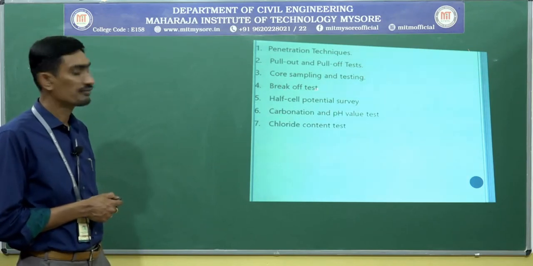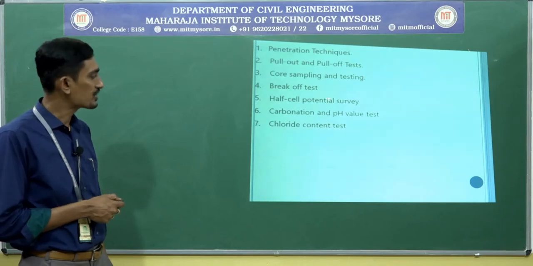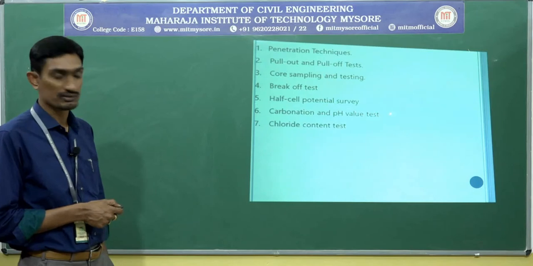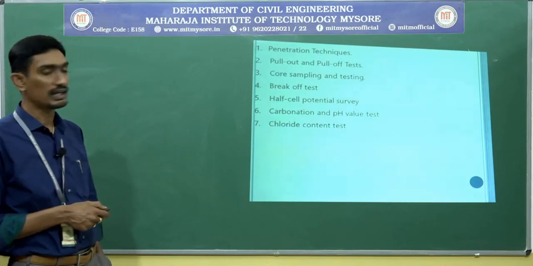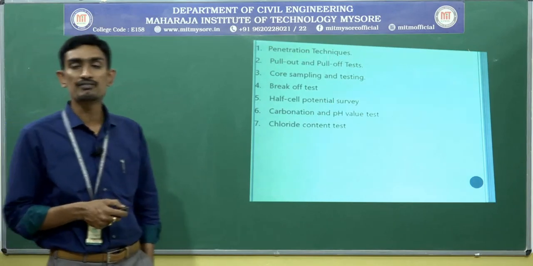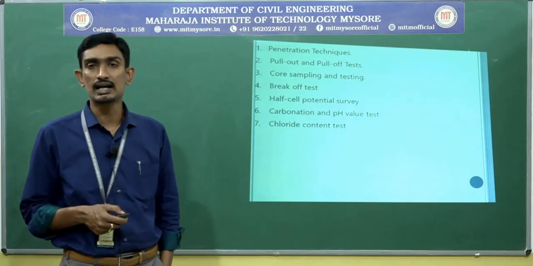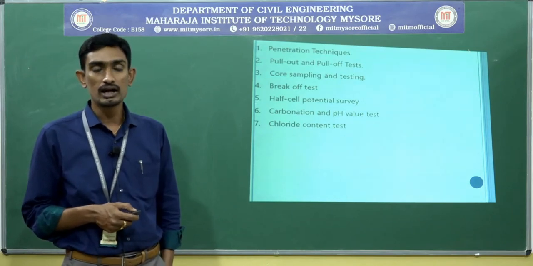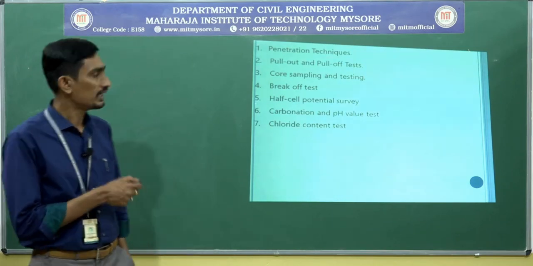Number 4, the break-off test. Number 5, the half-cell potential survey. Number 6, the carbonation and pH value test. Number 7, the chloride content test. These are the various tests we perform to assess the performance of a concrete structure.